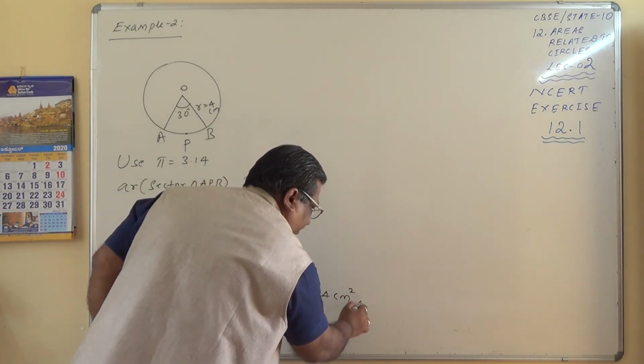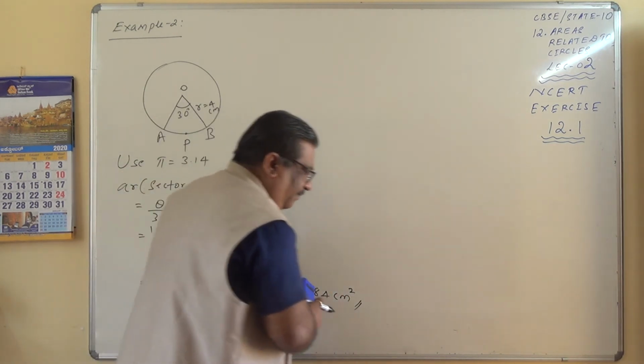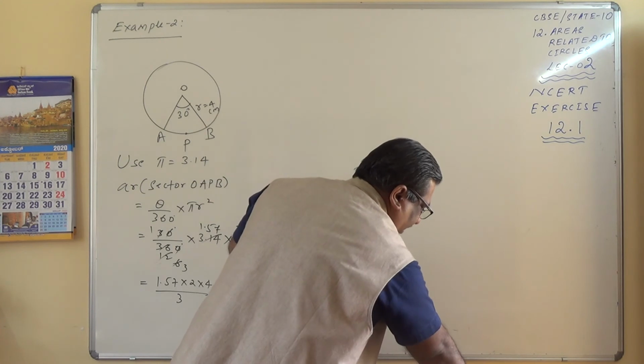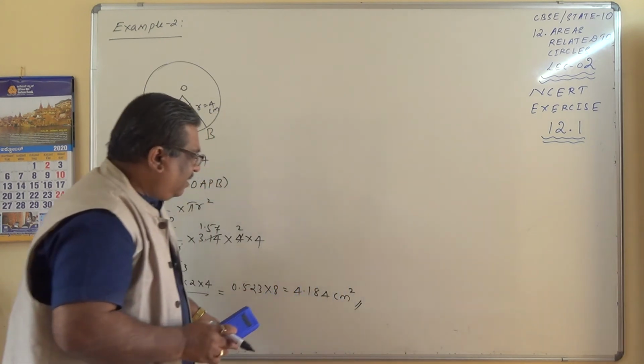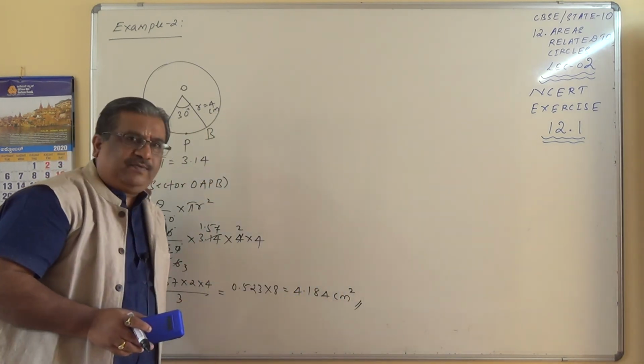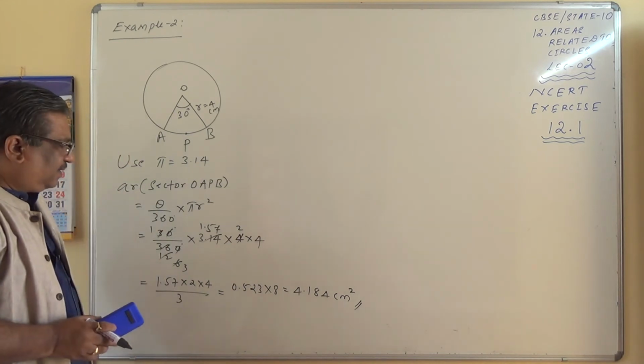So the area of the sector, the answer given is 4.119, but I am getting about 4.184. I can retain this one as it is.